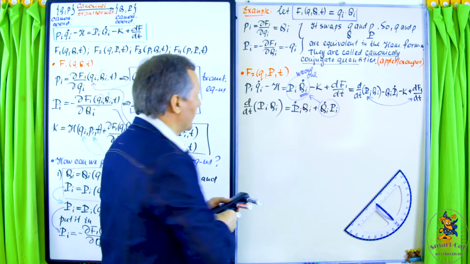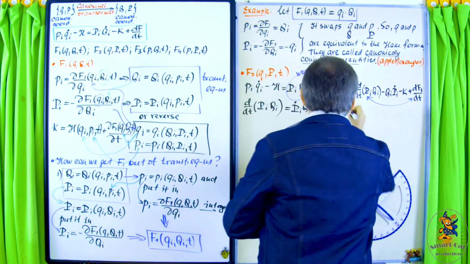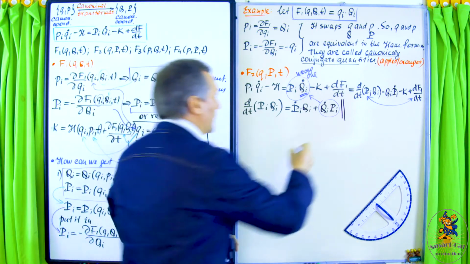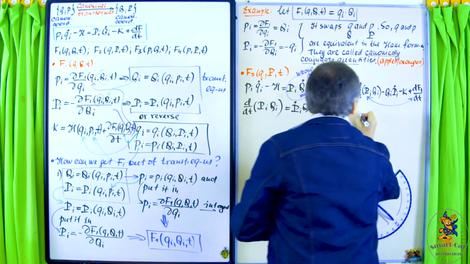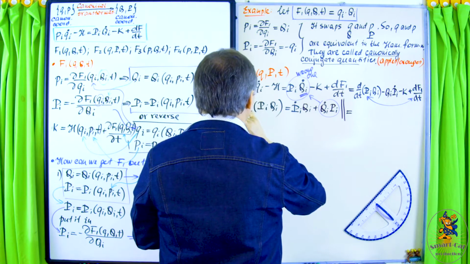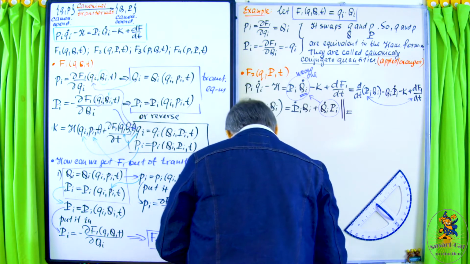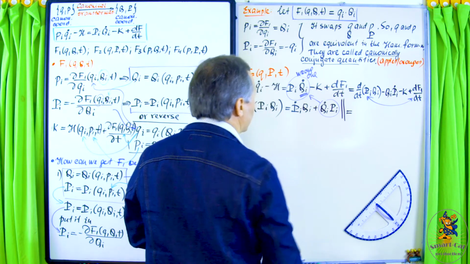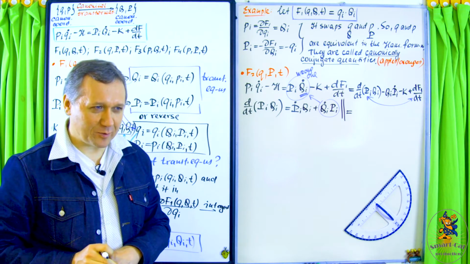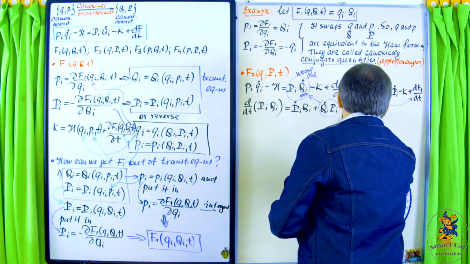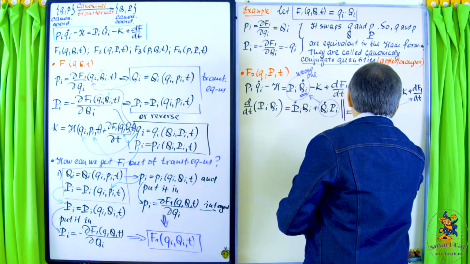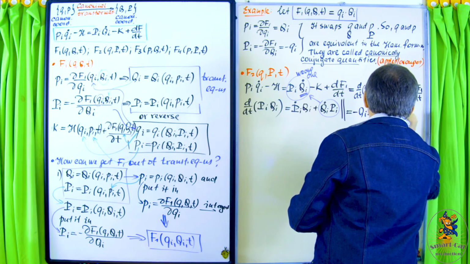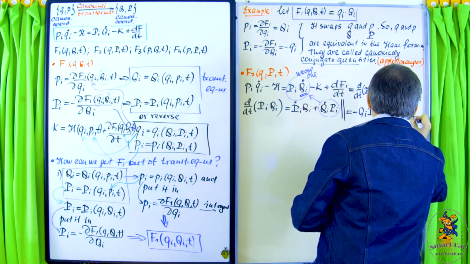All right, let me separate this, and I will combine those terms. I have a strong feeling that something is missing. No, it looks like everything is good. Sometimes I have these doubts. So it will be minus Q P dot minus K and plus d over dt of f1 plus P_i Q_i.